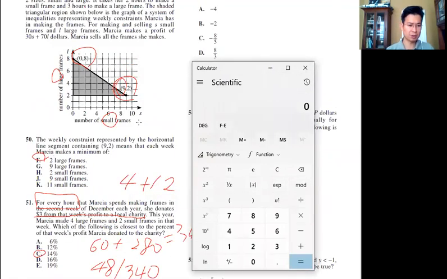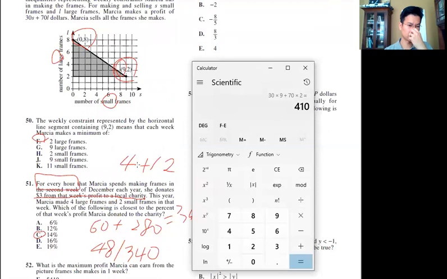So small is, and then maybe the 0, 8. So 8 times 70, 560.